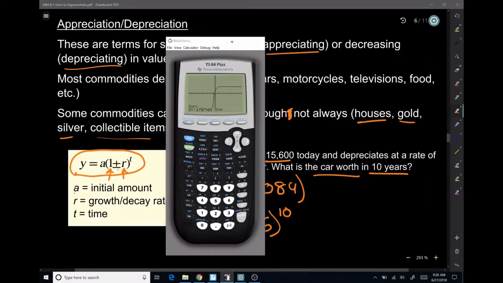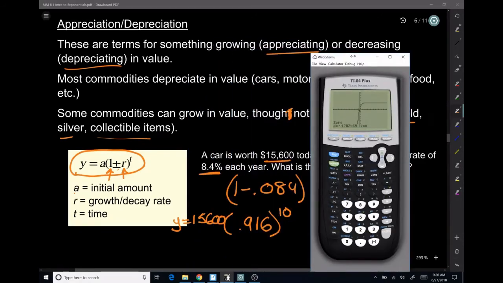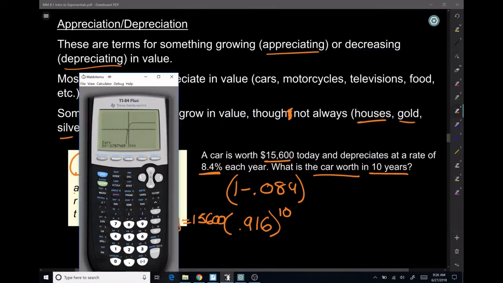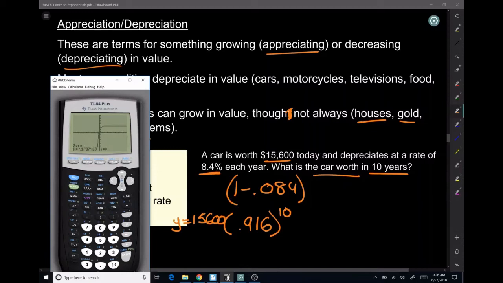Now, 8.4% is a pretty steep shrink rate, as you'll see. This value is going to just really plummet. Let's come over here. Wow, that thing moves real slowly.